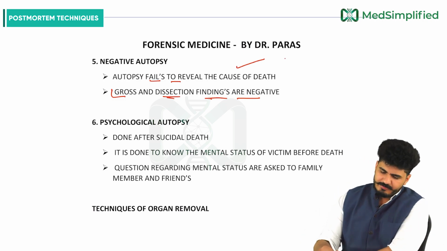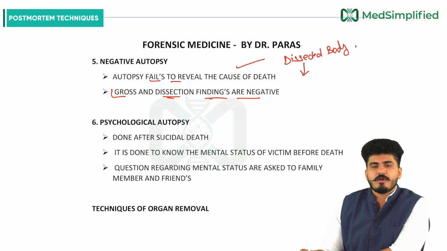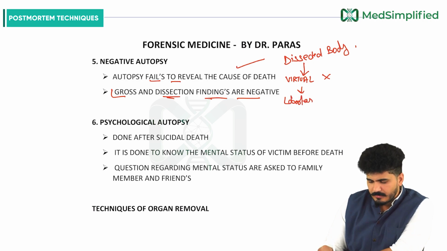First, you dissected the body. Dissection of the body didn't satisfy you. You went for virtual autopsy also. Virtual also didn't satisfy you. You went for the laboratory, and that didn't satisfy you.